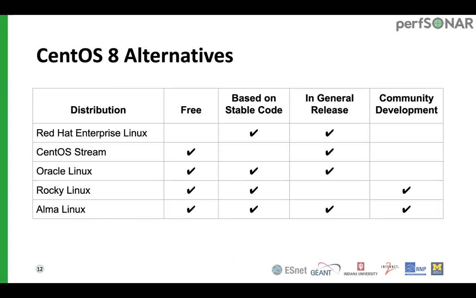So we are currently looking at alternatives, and some people in the development team actually tried out different Linux operating systems that are running the same package manager as Red Hat, so the RPM package management system.